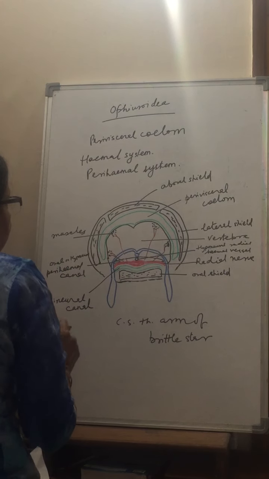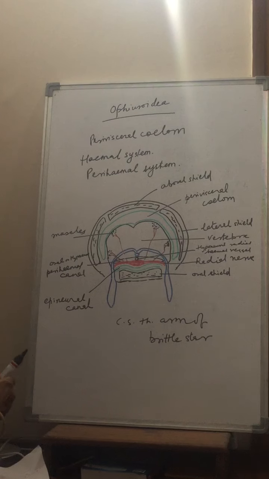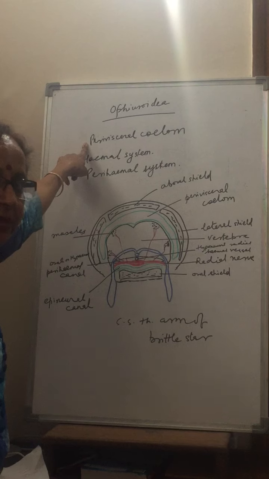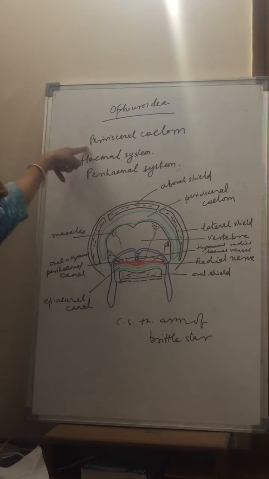Now from this cross section we can see that the perivisceral coelom is present in the disc around the gonads, stomach and other organs, but it is reduced as compared to the sea stars.